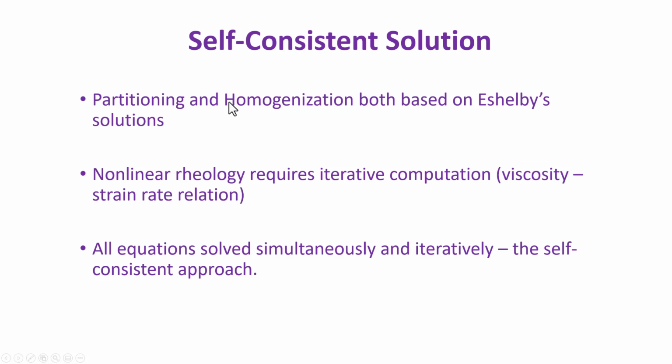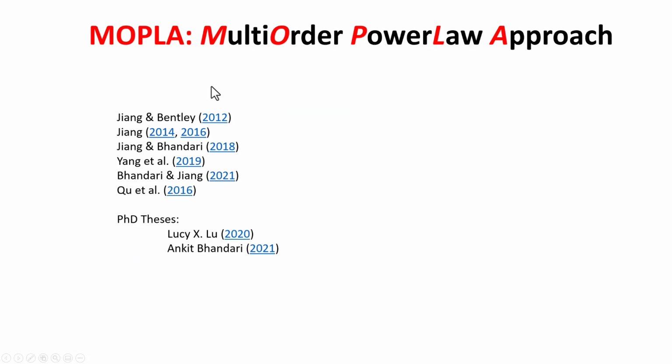Because of this, these two equations must be solved simultaneously and iteratively, and that is the so-called self-consistent solution. Our self-consistent solution is called the multi-order power law approach. Multi-order because we are dealing with macroscale flows and microscale flows. Power law because we are dealing with power law viscous rheology.